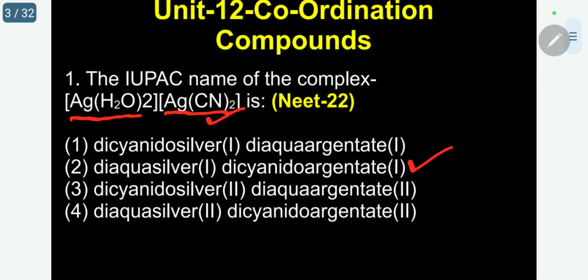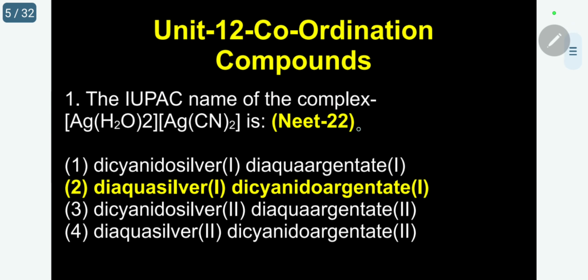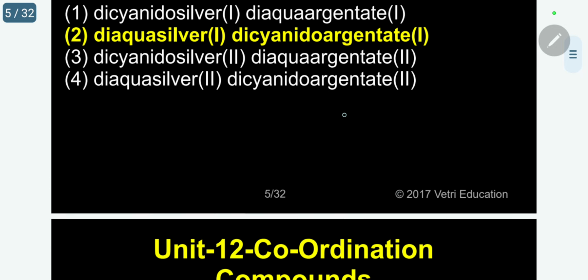So automatically, one is positive 1 and the other is negative 1, and the compound is neutral. The correct answer is 2. So when you are doing the naming, you should be very, very careful. The next question.